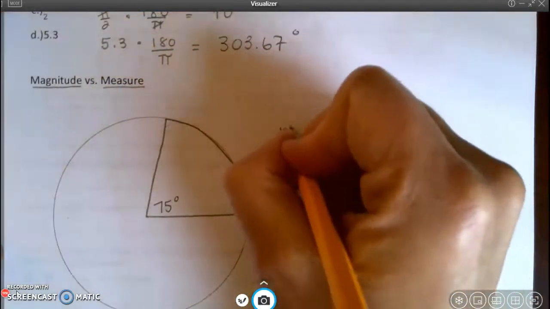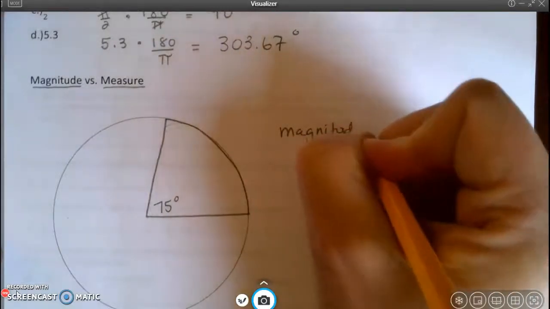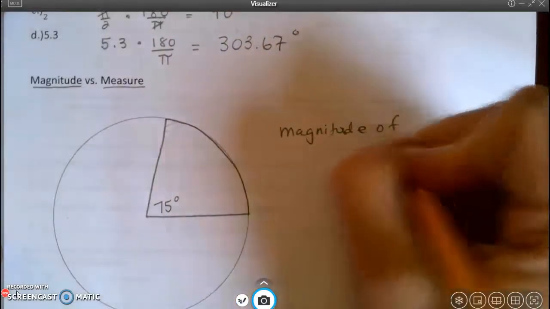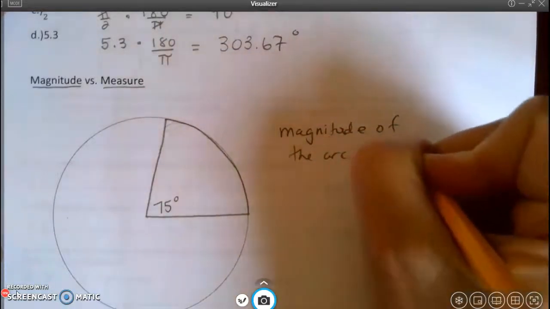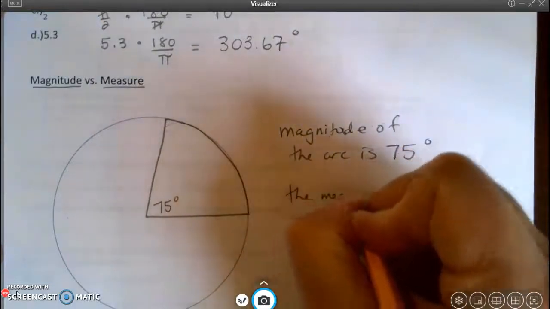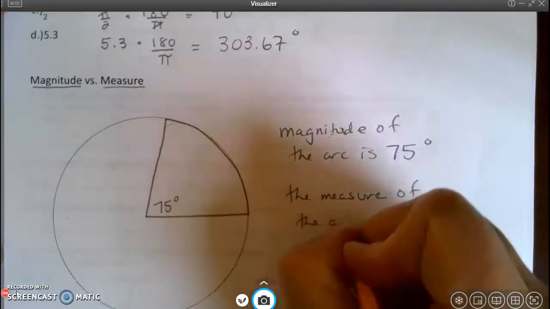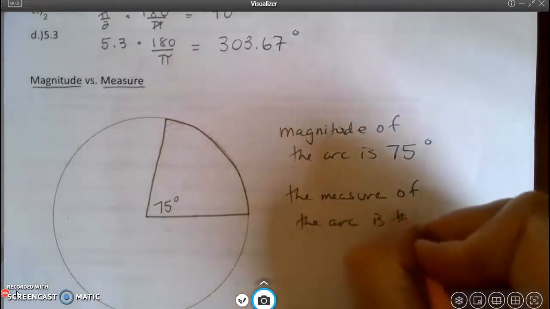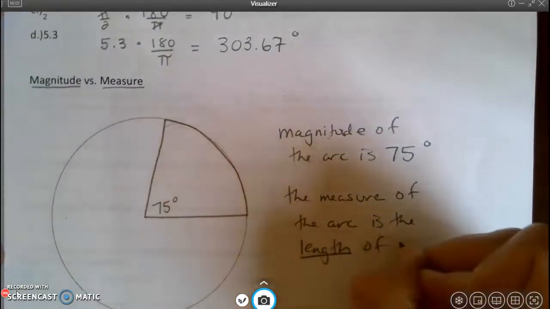We say that the magnitude of the arc is 75 degrees. The measure of the arc is the length of the arc.